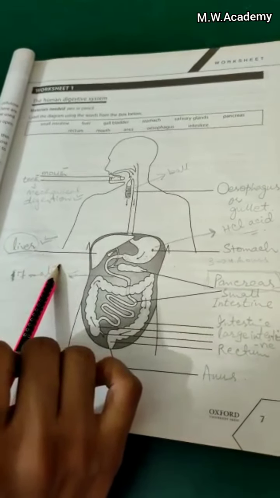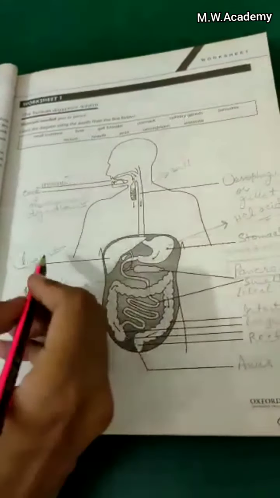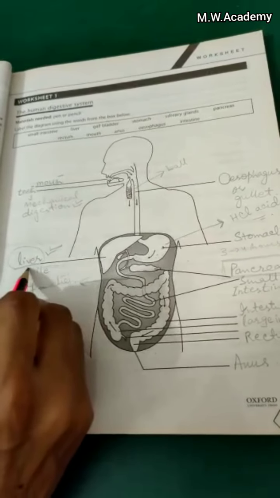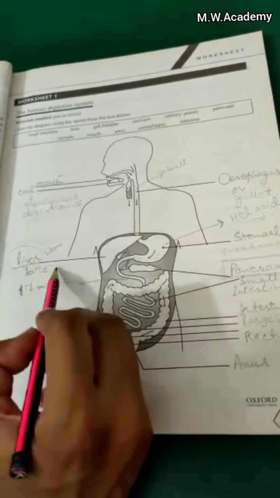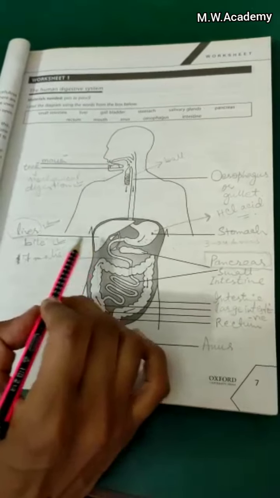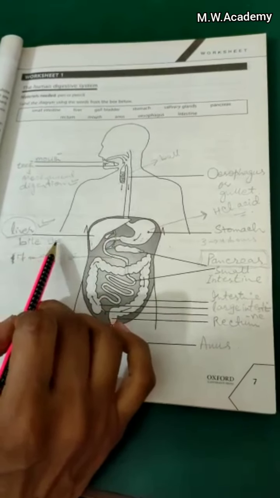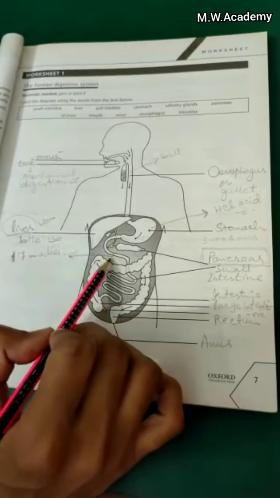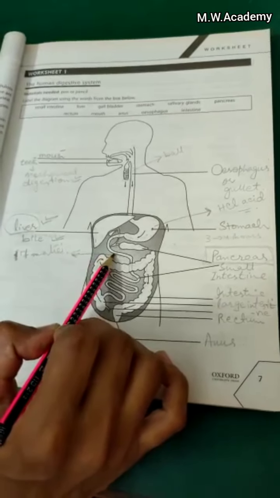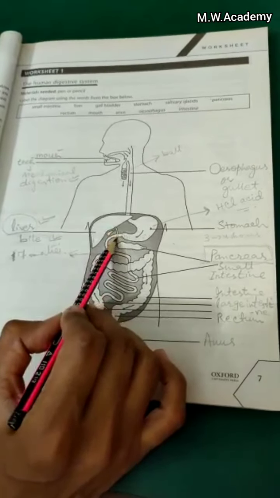In the liver cells, a juice is produced which is called bile. This juice starts the digestion of fats, and this bile goes into the small intestine, or mixes with food, through a very small tube.